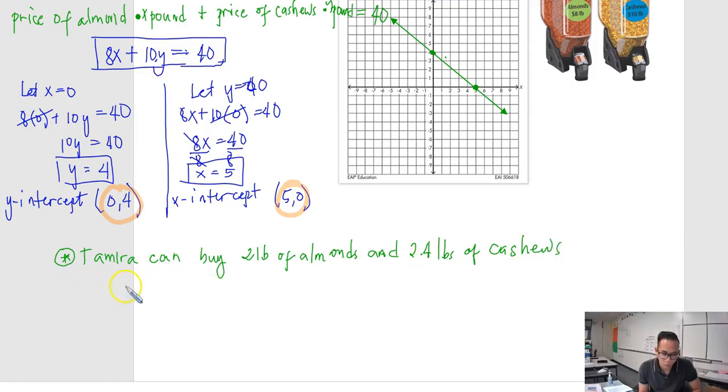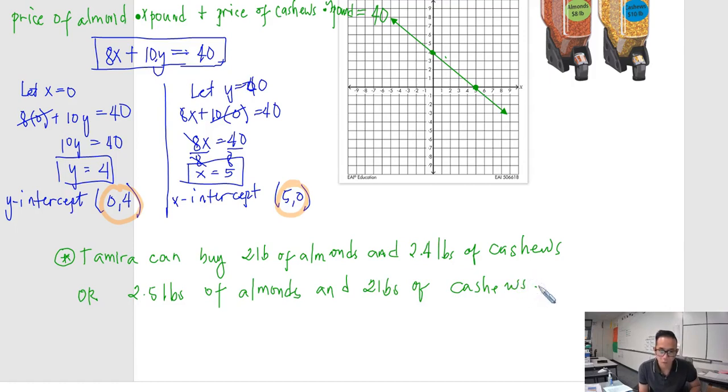Or Tamira can also do a combination of 2.5 pounds of almonds and 2 pounds of cashew. That's how you do it.